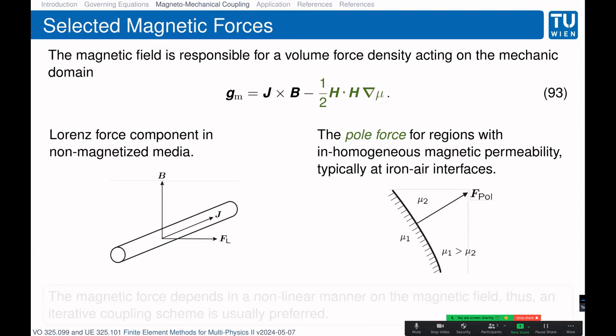We say permeability 1 in one part of the domain, permeability 2 in another part of the domain. So the gradient becomes a jump, and the force acts not as a volume force density, but as a so-called surface force, as pole force at the interface between, for example, an iron and the air part.